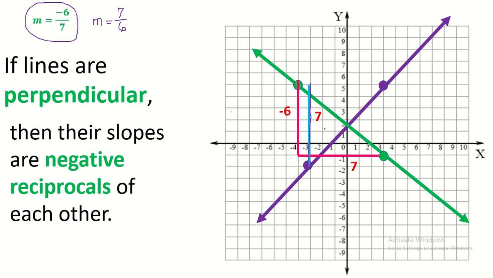And then we will move to the right 6 units. So this negative reciprocal relationship between the slopes of two lines will end up in those two lines being perpendicular to each other.